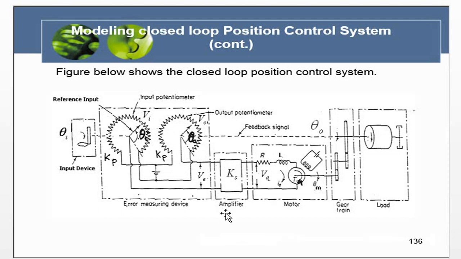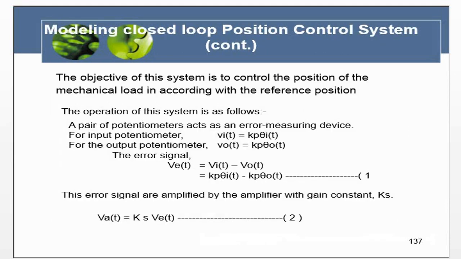Here there is the controller, the amplifier, and this is the motor. This is the block diagram. The objective of this system is to control the position of the mechanical load in accordance with the reference position. The operation of this system is as below.